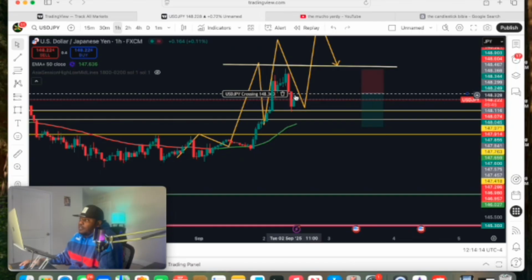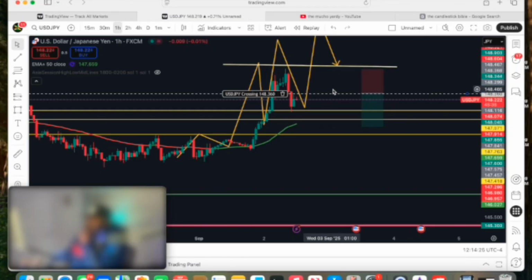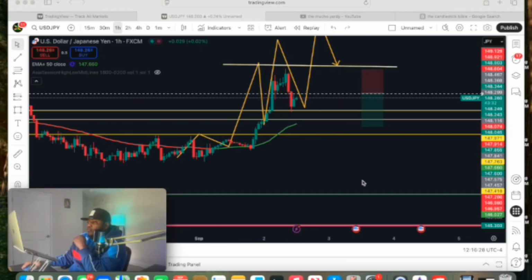So it came right back up, retested, and now it's kind of indecisive whether it will continue pushing down or continue going up. So yes guys, that invisible support slash resistance, right?